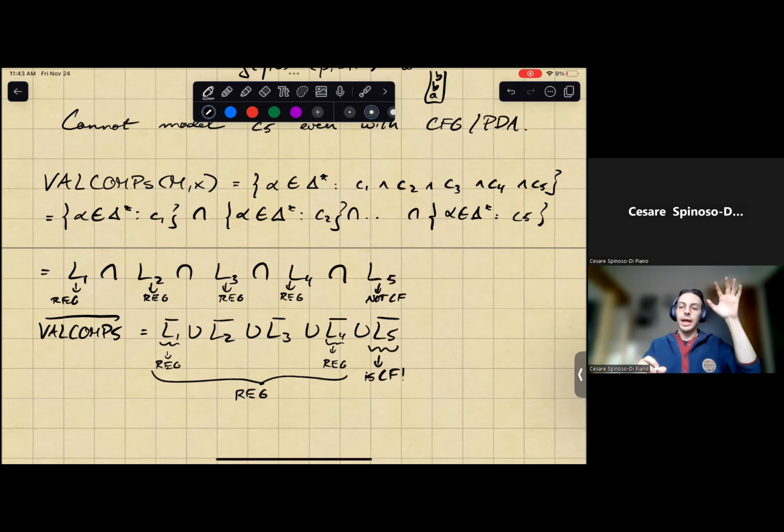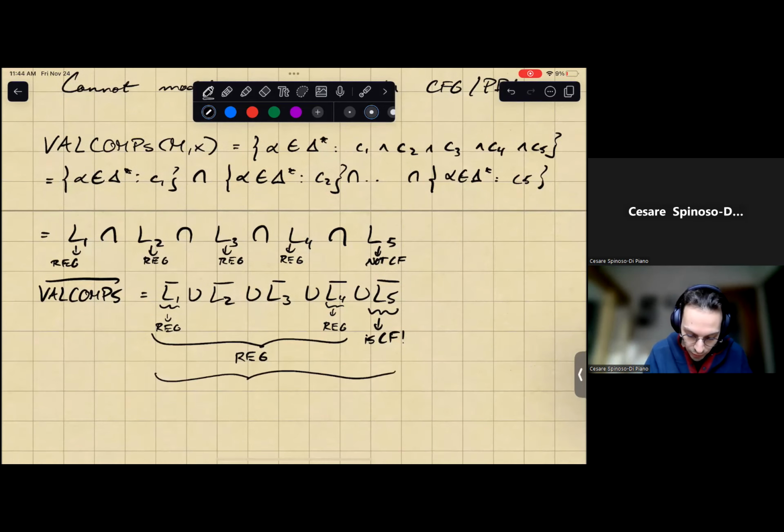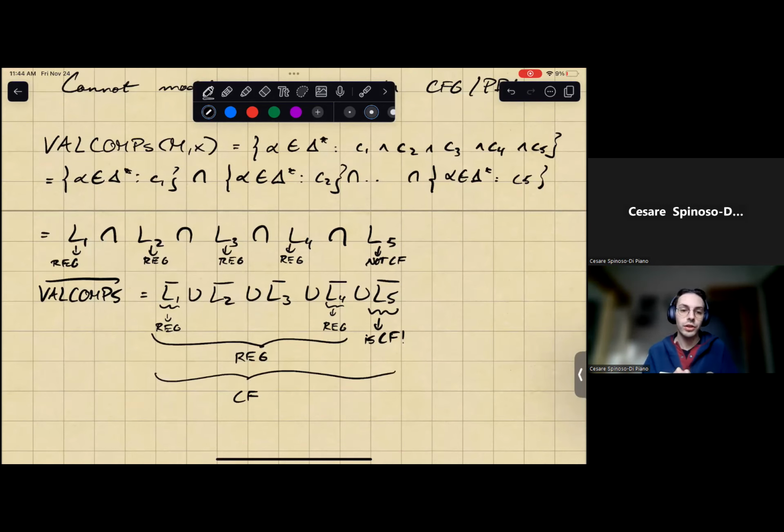So we have regular languages unioned with a context-free language, and altogether Valcomps complement is context-free. If Valcomps complement is context-free, there is a CFG G which generates it, and then I can correctly say that I have a mapping reduction from the not halting problem to the All CF problem.